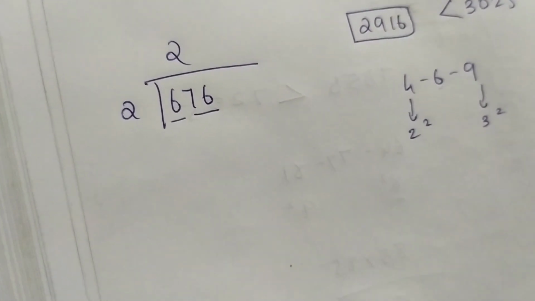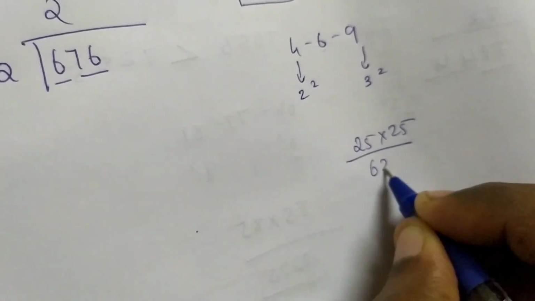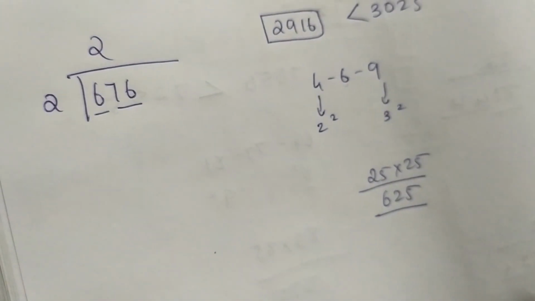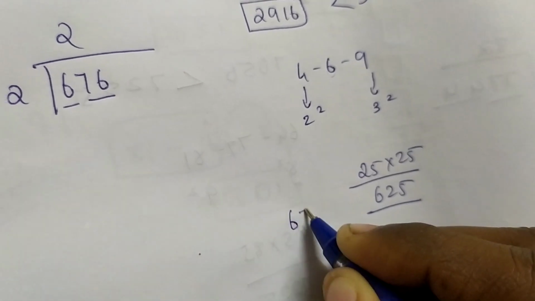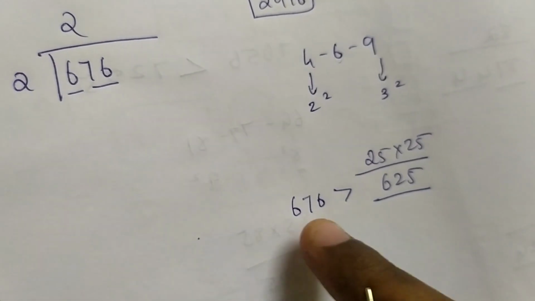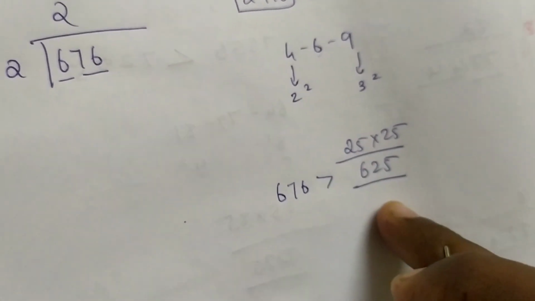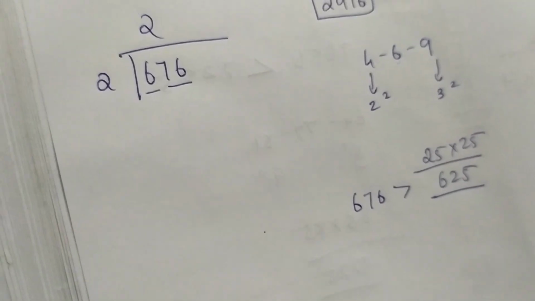So what you are going to do is find 25 square. 25 into 25, you already know, is 625. This 625 is smaller than 676, which is greater than this 625.